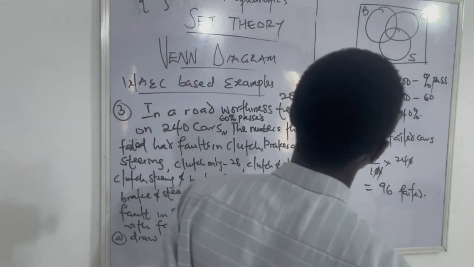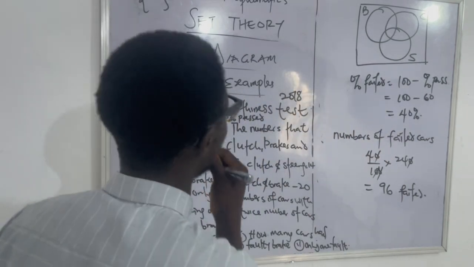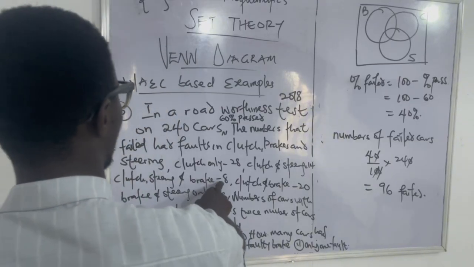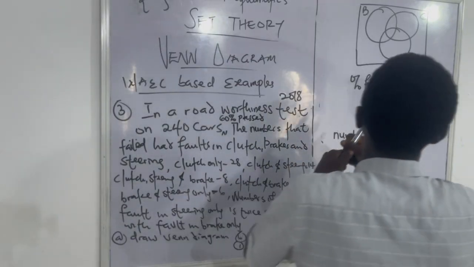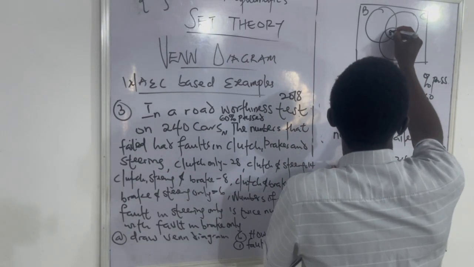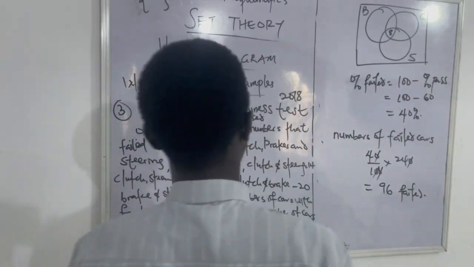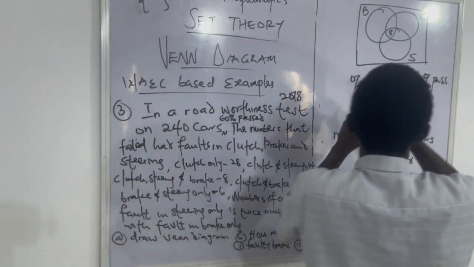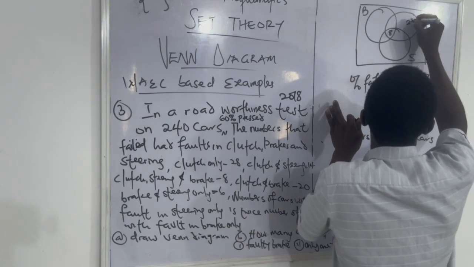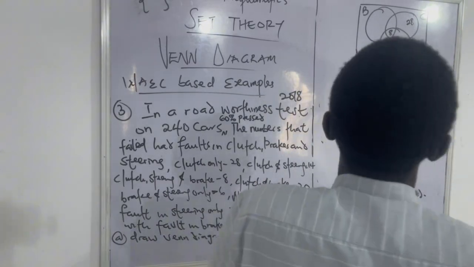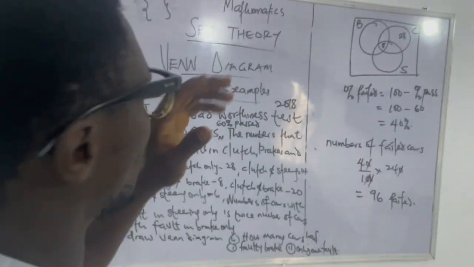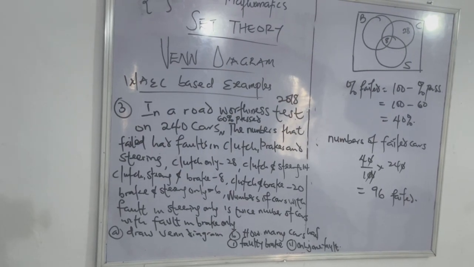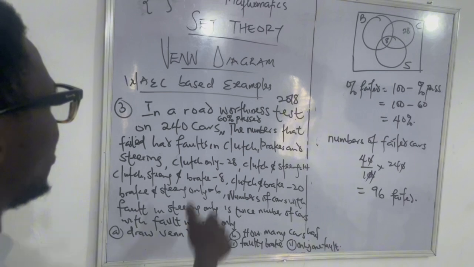Now, let's analyze this question. It said 8 cars had clutch, steering, and brake. That's 8. Now, clutch only, that's 28.